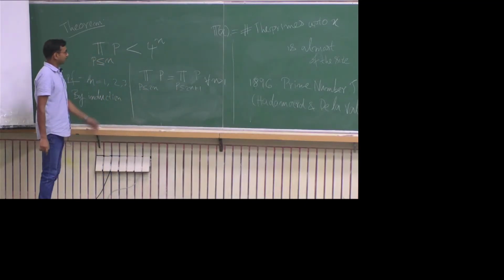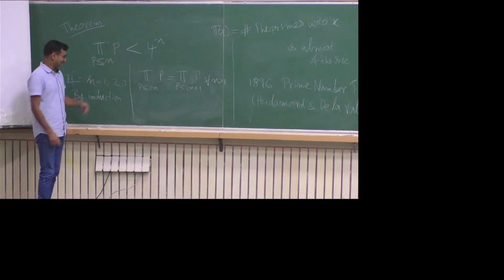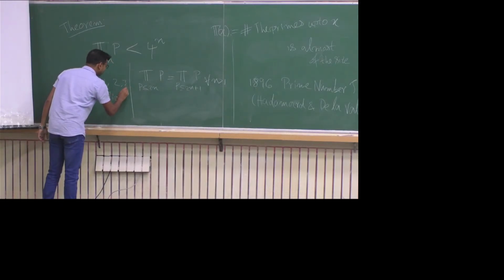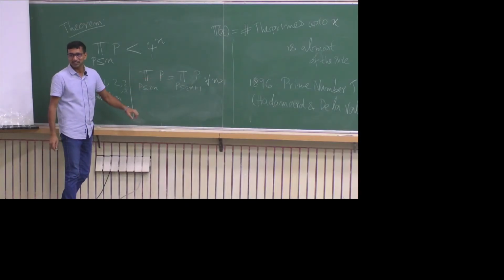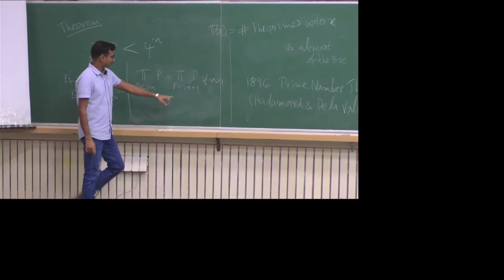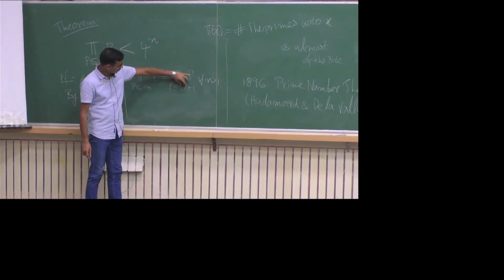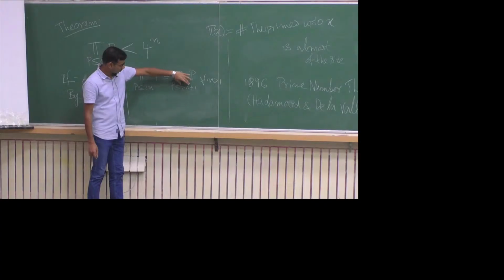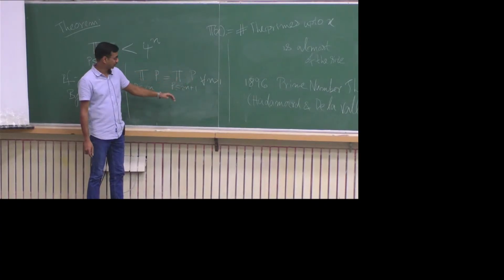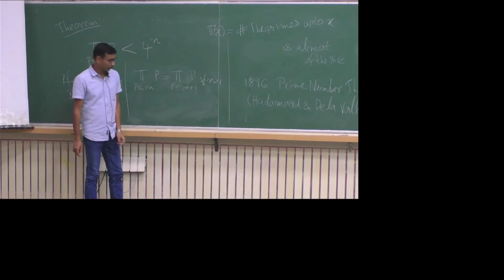So you can keep on continuing to check it. You can actually check it at, say, 5, some n from where you can start the induction. And for n less than 5, we check that this is still true.